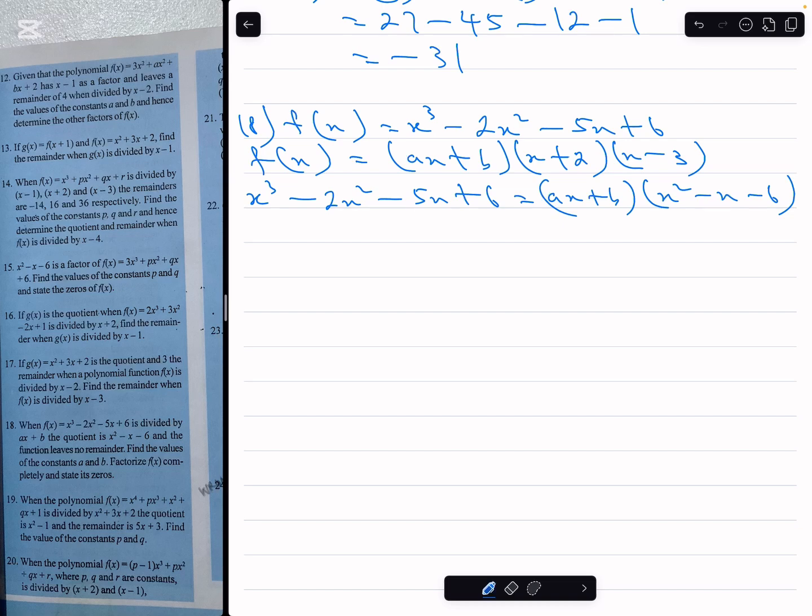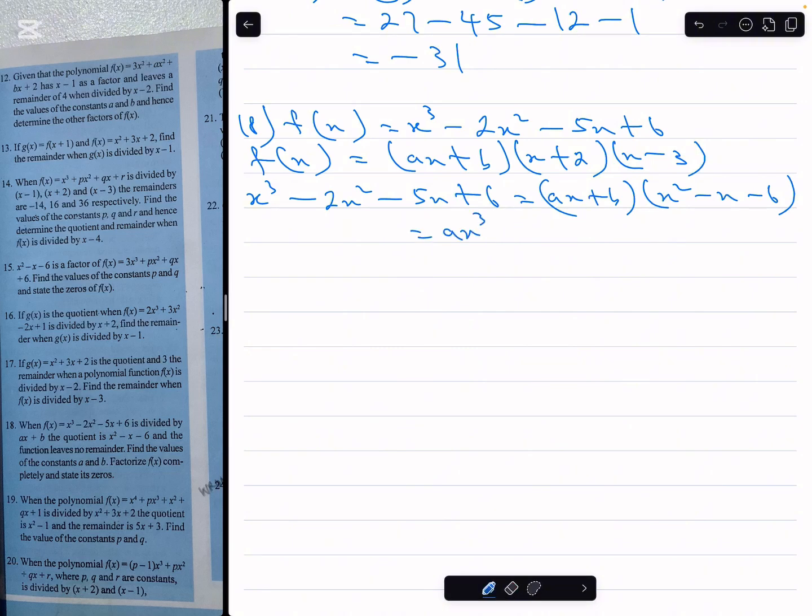Now I can expand the right hand side, and I'm going to get ax cubed minus ax squared minus 6ax. Let me make it clearer.